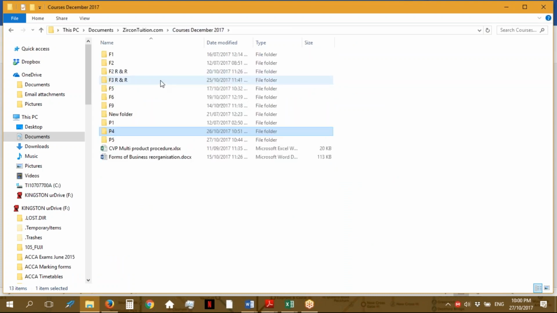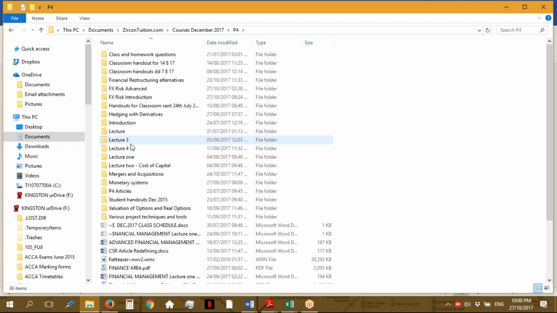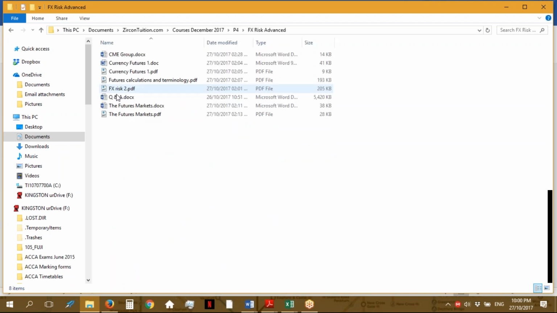This is in the Google Classroom, and you will actually see it labeled as foreign exchange risk advanced, and most of these handouts are there. Now what I would like you to do for me for Monday's class is this. This is just the PDF version of this one. I put up the PDF version.